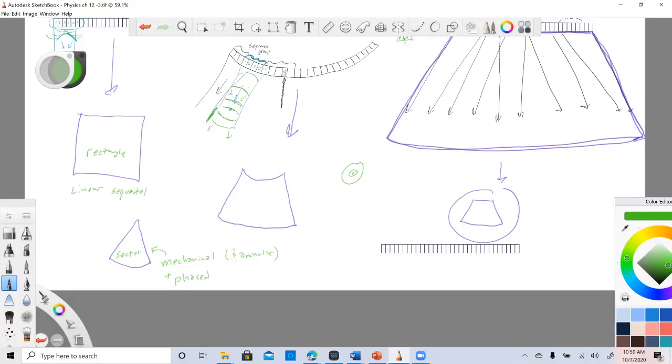That's the only rectangular one, a linear sequential. Convex is a blunted sector. We'll call this a blunt. So that's our convex, our curved. And then trapezoid is going to be created by the vector.